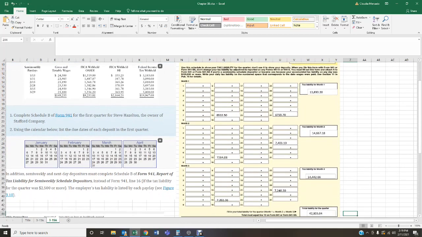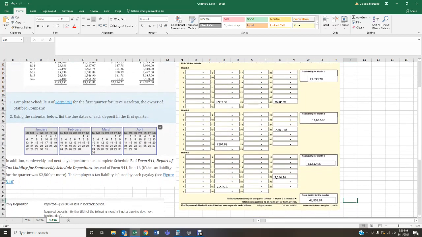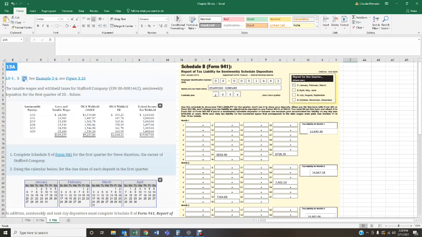Once you've done all 3 months, you add months 1, 2, and 3, and that gives you your total tax liability. It is not complicated. Just remember that you have to double up on your OASDI and your HI because both the employee and the employer are responsible for OASDI and HI taxes. That is why we're doubling them up.